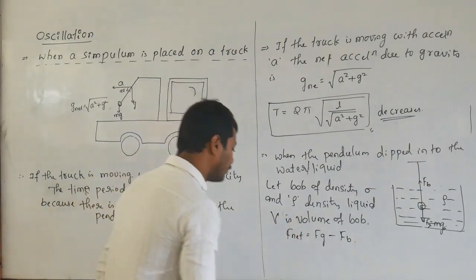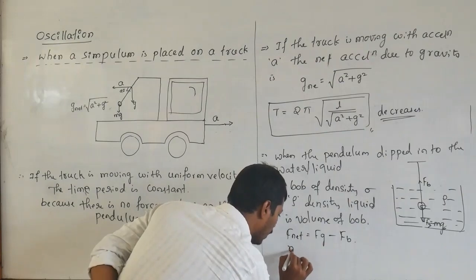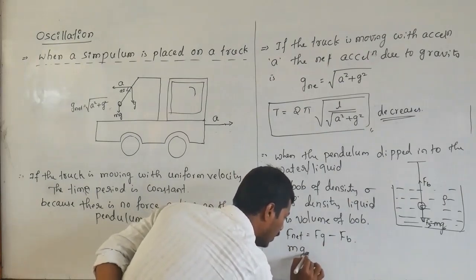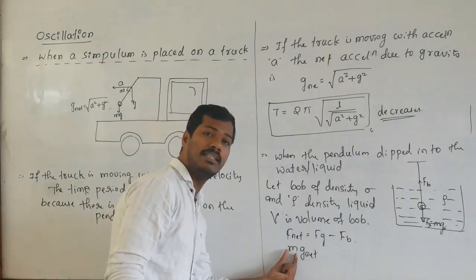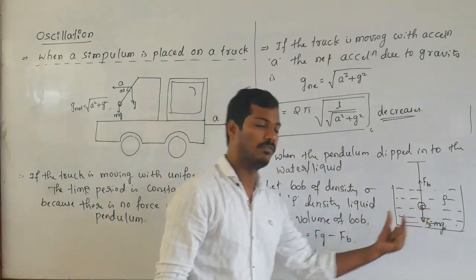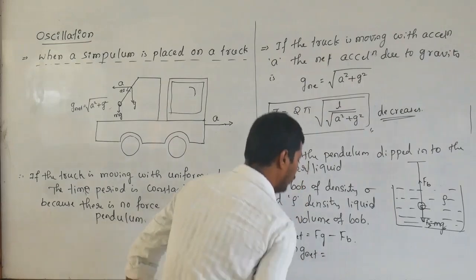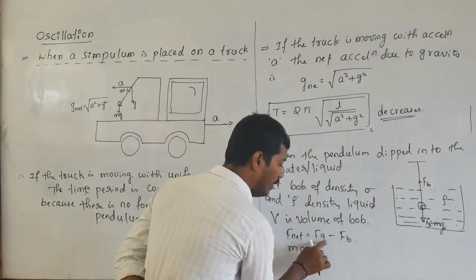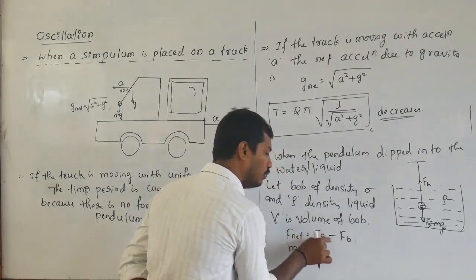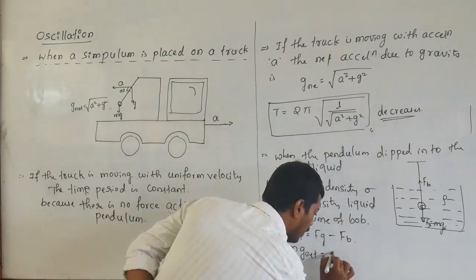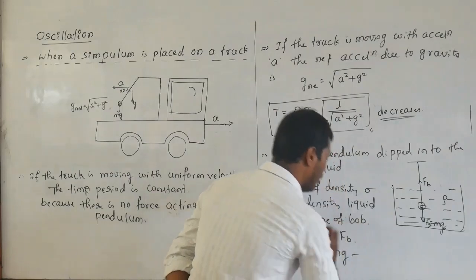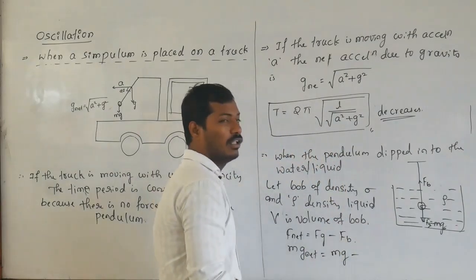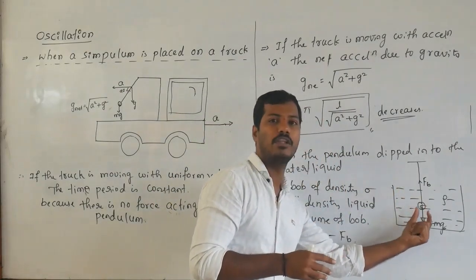Take M into G net, where M is the mass of the bob. It is equal to Fg, the force due to gravity, that is M into G, minus Fb, the force on the bob.